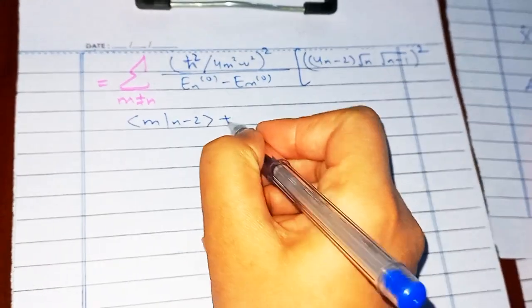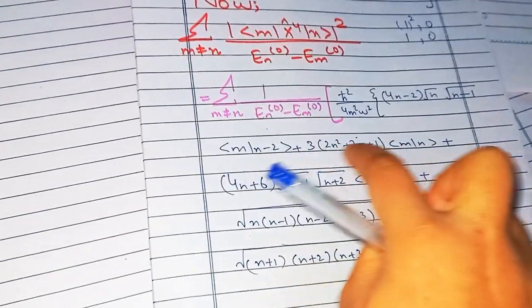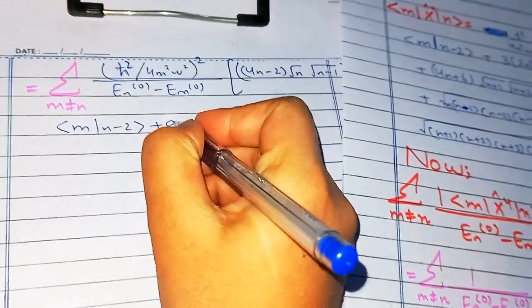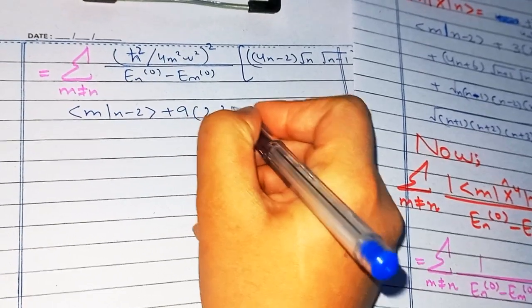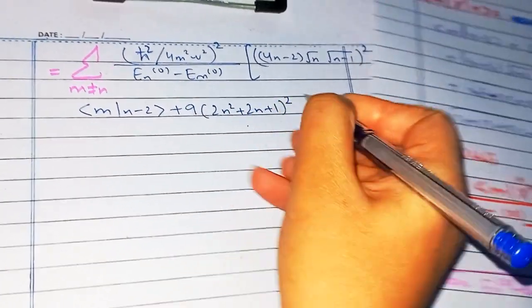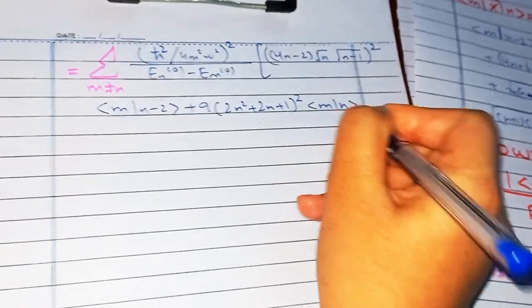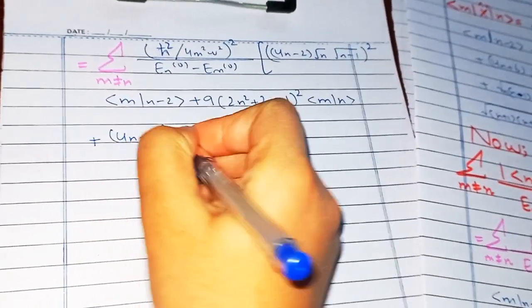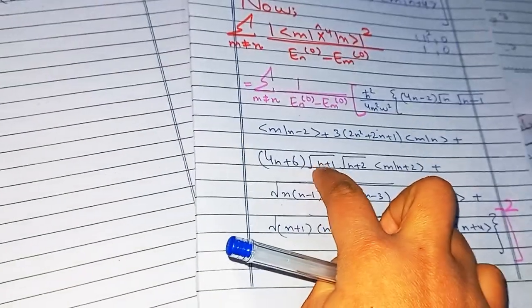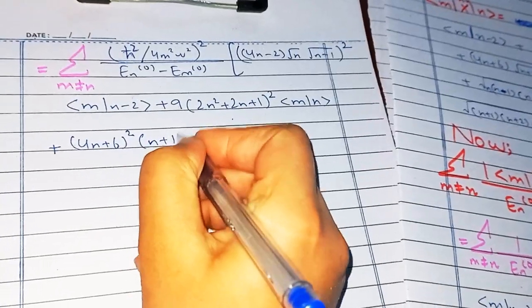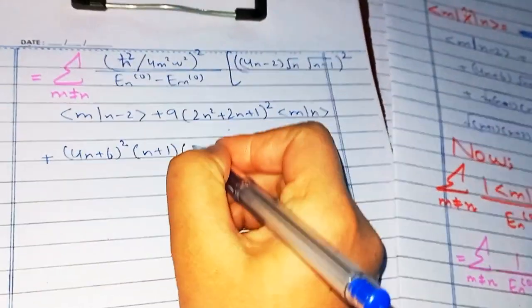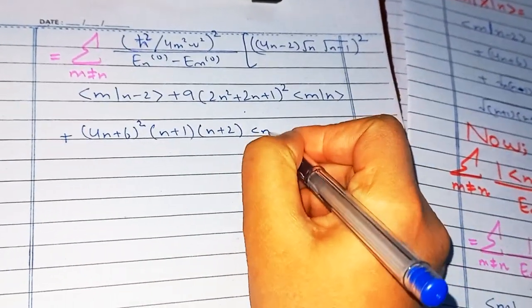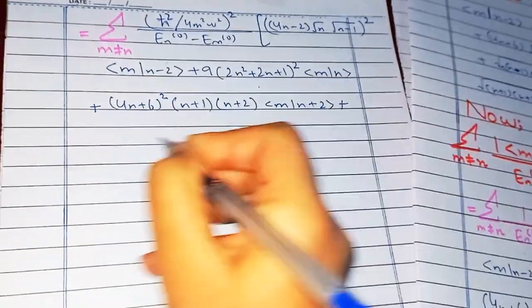Plus, we have the square of this term; square of 3 is 9, so I'll write 9 directly, and then we have 2n square plus 2n plus 1 whole square, and its ket-bra is m n. Then the square of these quantities: 4n plus 6 whole square, and the square of under root n plus 1 is n plus 1, and the square of under root n plus 2 is n plus 2. m n plus 2 as it is.